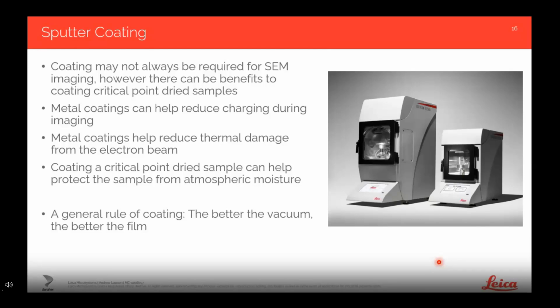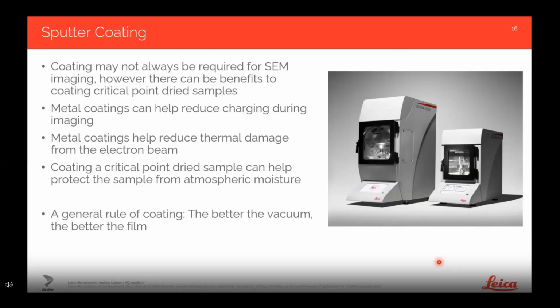So of course, metal or carbon coatings can help reduce charging during imaging. Metal coatings can also help prevent thermal damage from the electron beam. But specific for critical point dried samples, doing a coating shortly after the critical point drying process can help create a barrier to protect that sample from moisture within the air and the atmosphere.